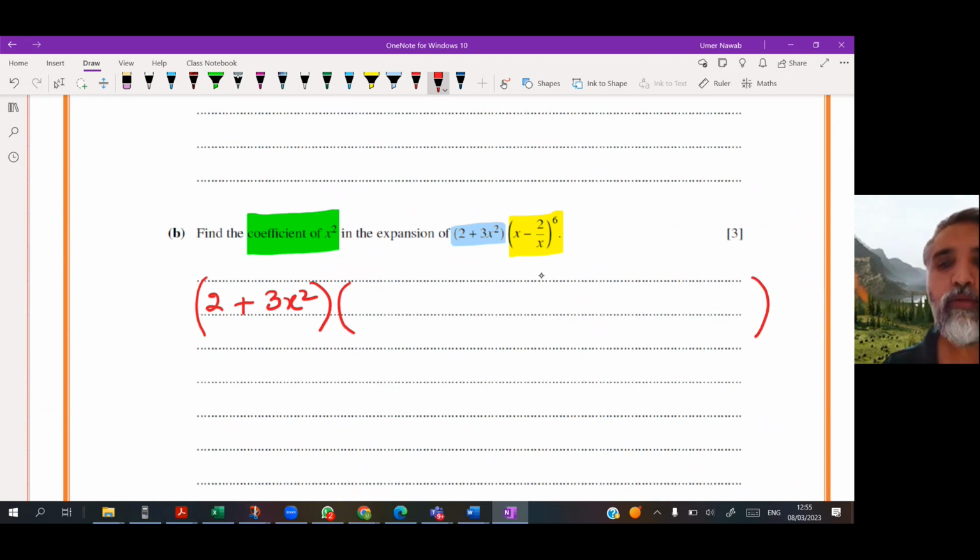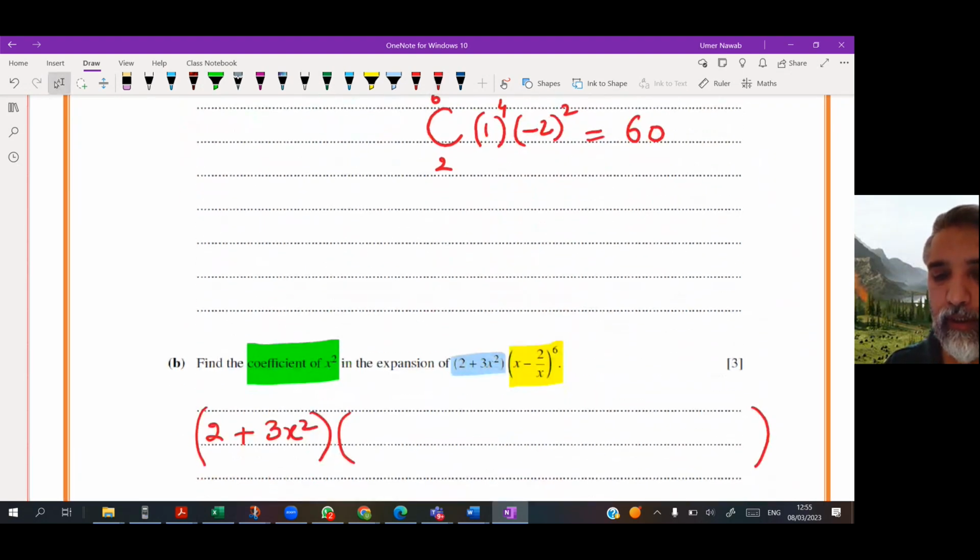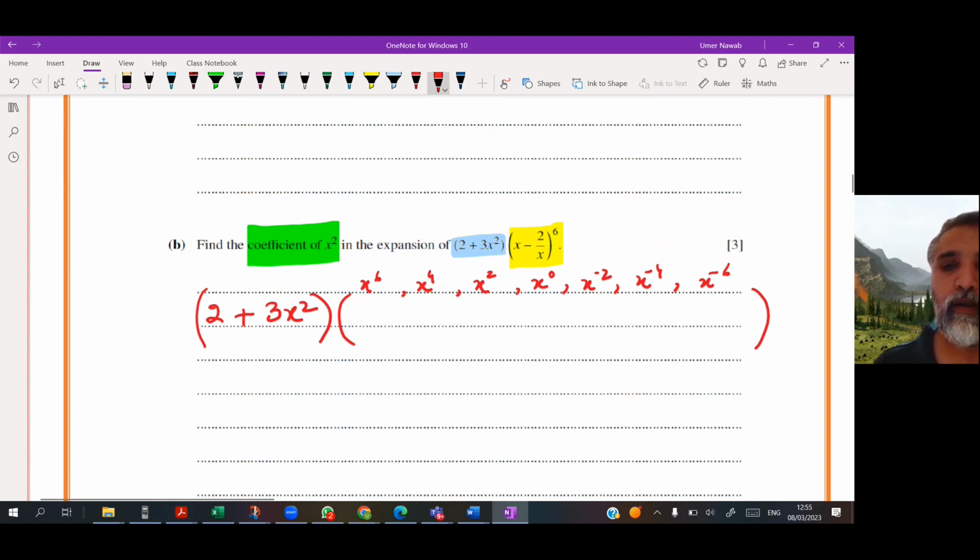However, for (x minus 2 over x) whole power 6, we already know how the powers look. x power 6, x power 4, x power 2, x power 0, minus 2, minus 4, and minus 6.